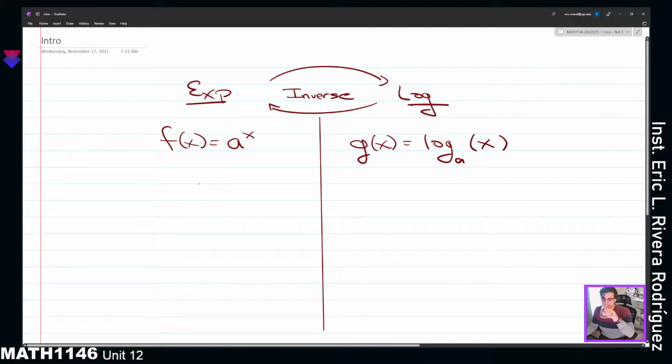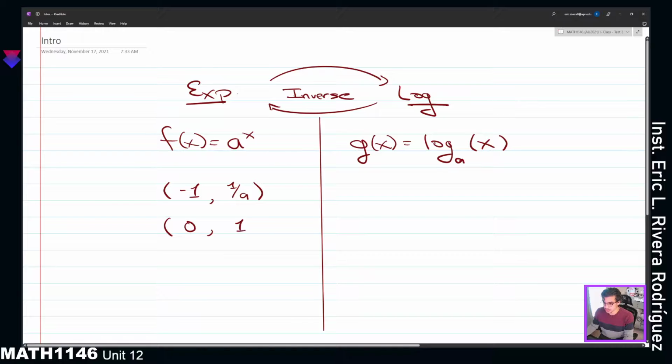Let's call this one the parent functions. And with this, we got the key points. Here we have -1 and 1 over the base. 0 is the initial value.